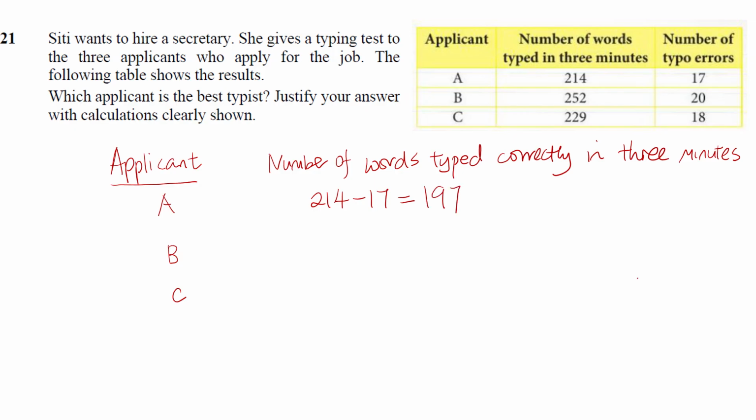For applicant B, 252 minus 20, that gives you 232. For applicant C, 229 minus 18, that will give you 211.